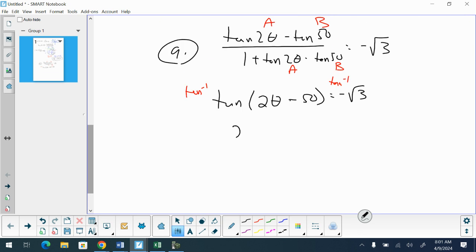So we are left with 2 theta minus 50 is equal to the inverse tangent of negative square root of 3. So now I can do my calculator, inverse tangent of negative square root of 3. Make sure you use the negative sign, not the minus sign on the right, negative sign at the bottom. So when you take the inverse tangent of negative square root of 3, Kendall, what do you come up with? Negative 60? Good with that? All right.